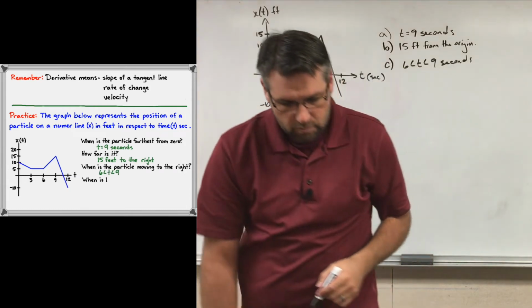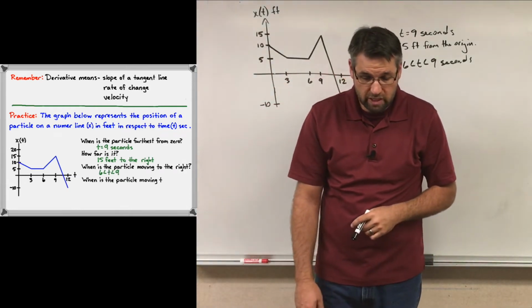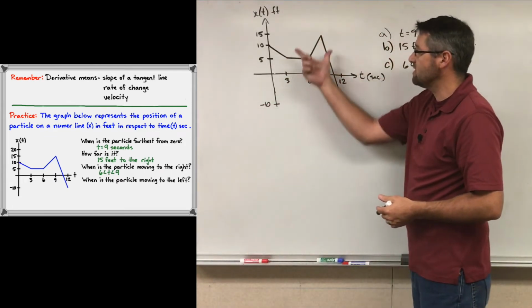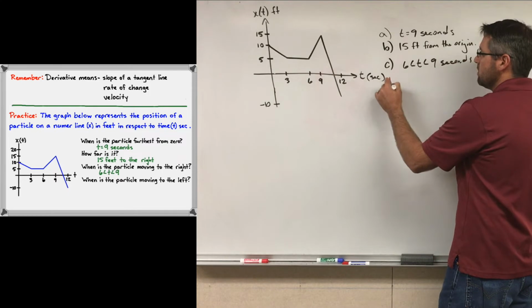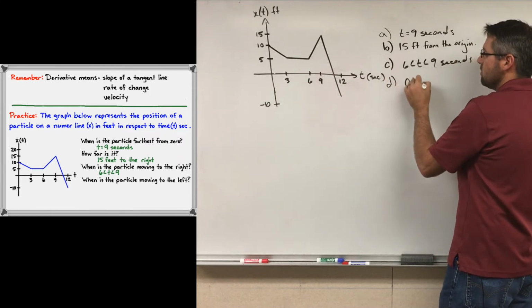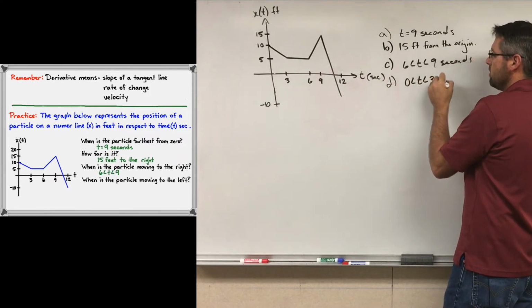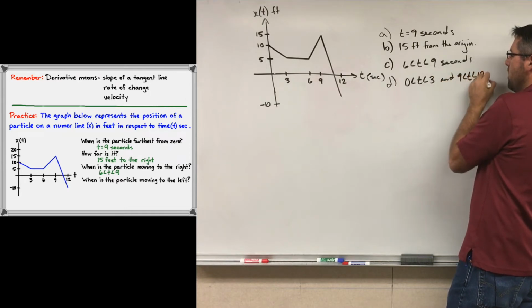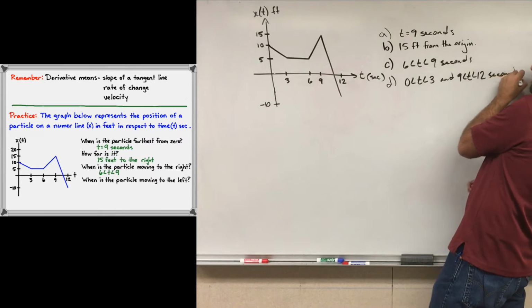Okay? When is the particle moving to the left? Well, the particle is moving to the left when the graph is decreasing. It's decreasing from 0 to 3 and from 9 to 12 seconds. Okay?